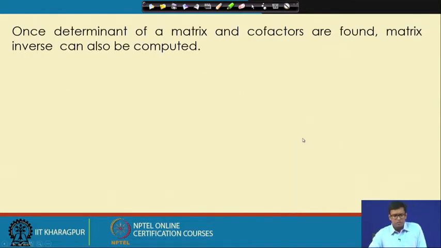Once we can find the determinant and cofactors, of course cofactors are needed to find the determinant, we can find the inverse of the matrix.